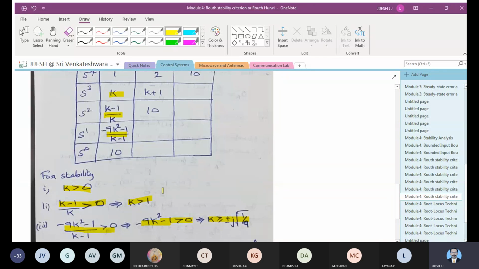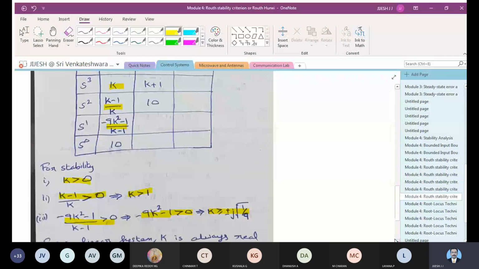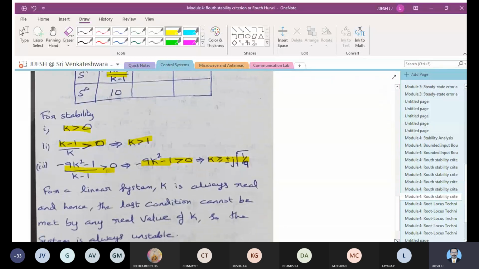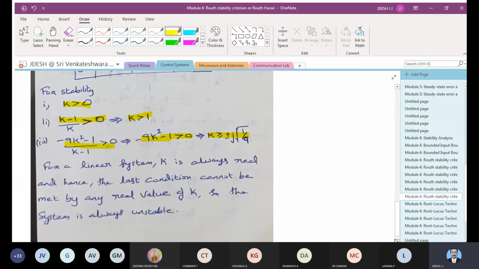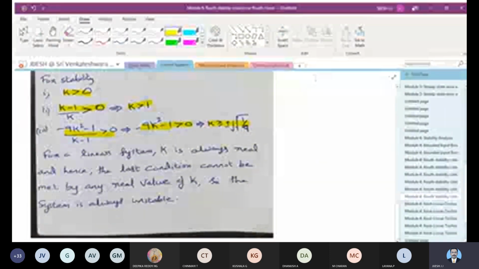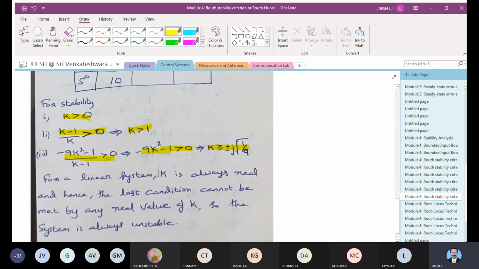So for the values k greater than 0, k greater than 1, then k greater than or equal to plus or minus j root of 1 by 9, all these things you can say that the system will be a stable system. So you can write this condition for a linear system: k is always real, and hence the last condition cannot be met.